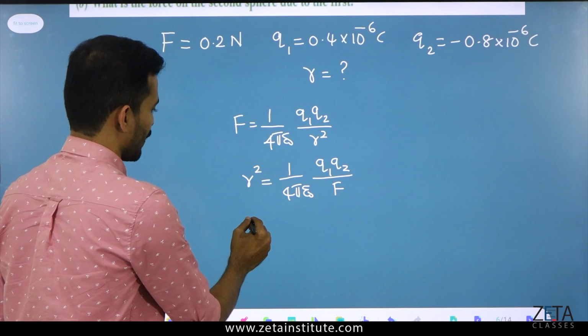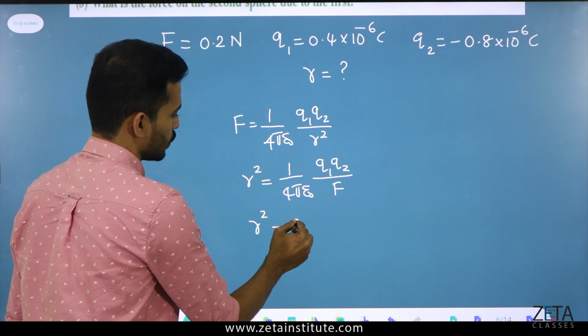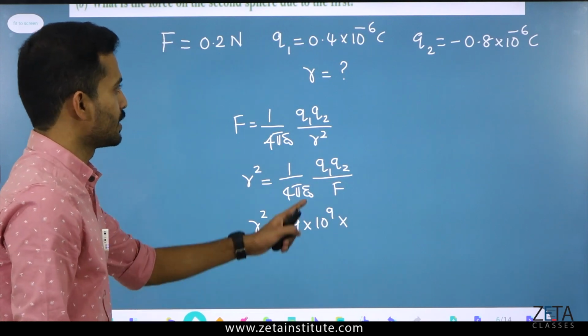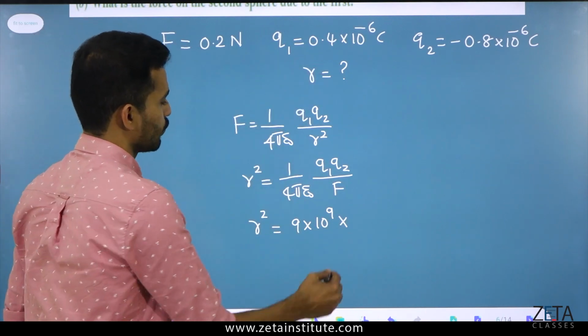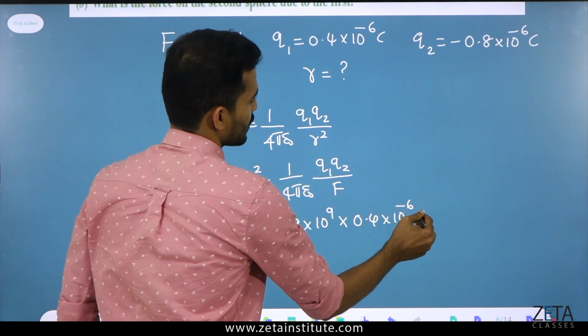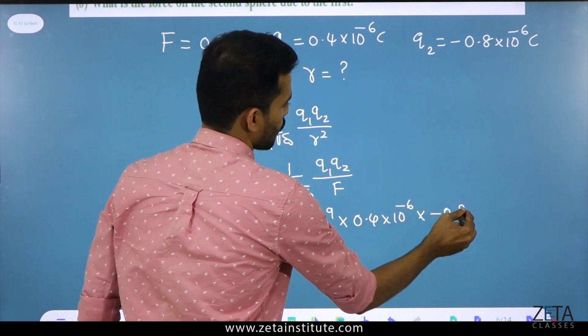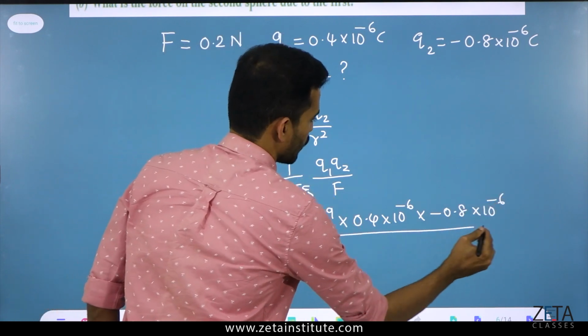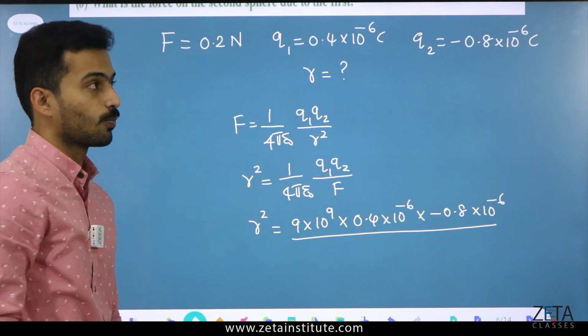So let us calculate the value. R square is equal to 9 into 10 raised to 9 into, what is Q1? Q1 is 0.4 into 10 raised to minus 6, into minus 0.8 into 10 raised to minus 6, divided by, what is the force? Force is given by 0.2 Newton.